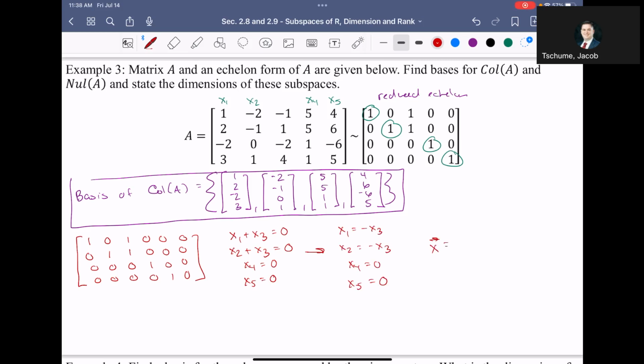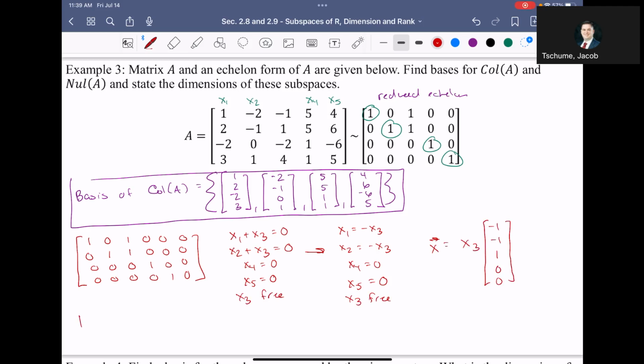So vector x would be, oh, I forgot to write the free variable. Apologize there. x3 is free. So since there's only one free variable, we will only have one vector in this notation. All right. So for the x3 coefficients, you should get negative 1, negative 1, 1 because it matches, and then x4 and x5 must both be 0.